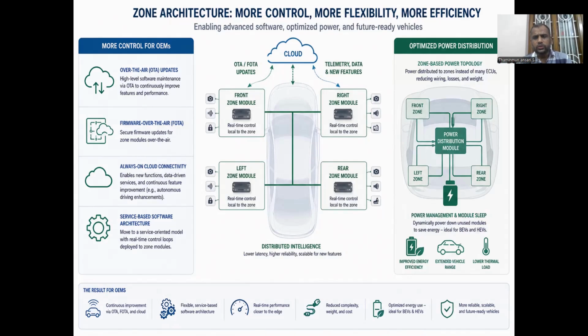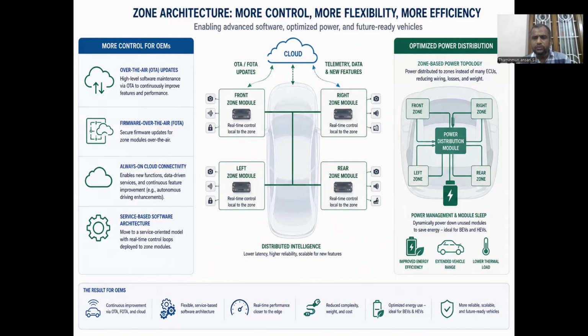In a domain architecture, every ECU gets the power. Here it is not like that. The power is distributed from the centralized power distribution module to the zone controller, which in turn distributes the power to the sensors and actuators connected with that particular zone controller.